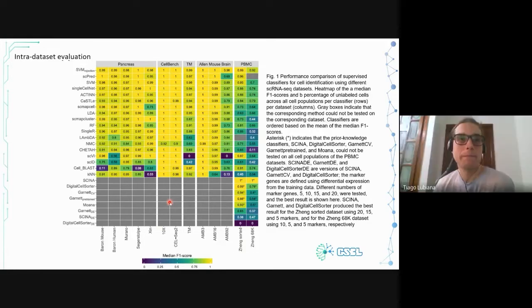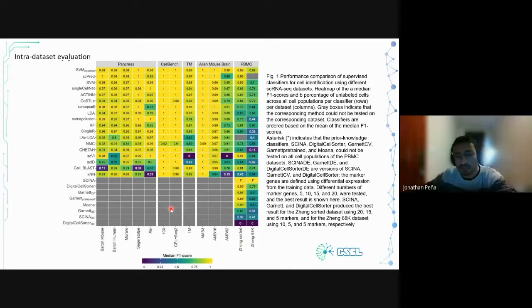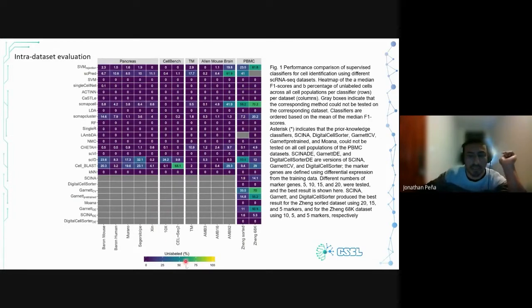Thanks. They also evaluated the percentage of unlabeled cells. So they found, for example, in PBMC, there was 23.5% of cells that were not annotated.